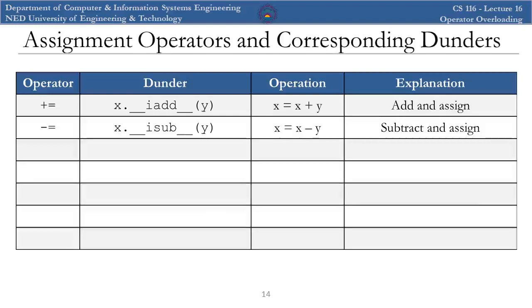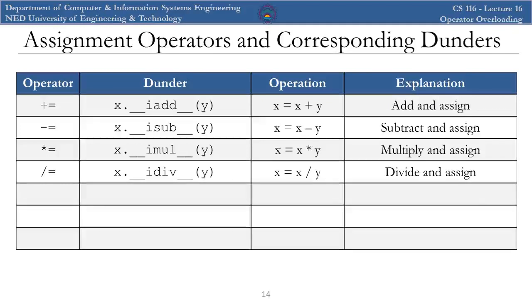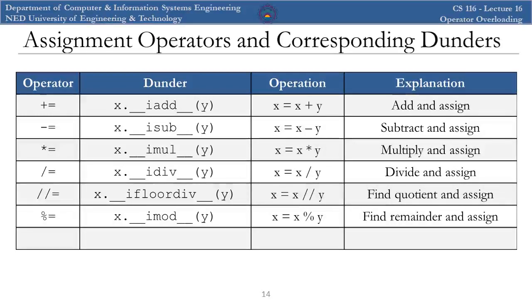This is a similar assignment operator for subtraction. This is for multiplication and assignment, division and assignment, finding quotient and assigning it to x, finding remainder and assigning it to x, and lastly this power operator assignment.